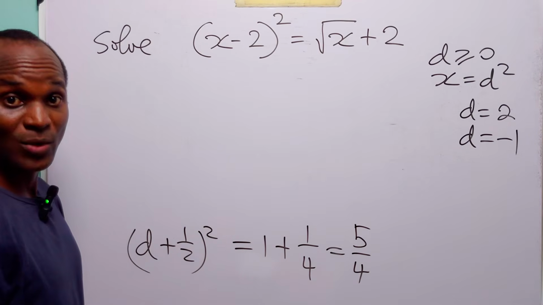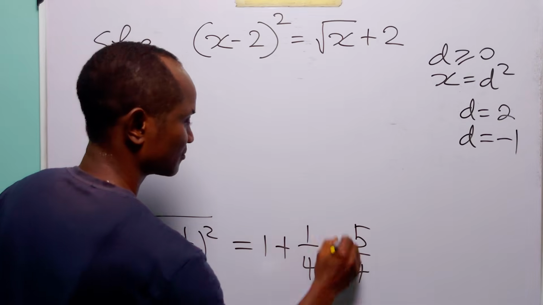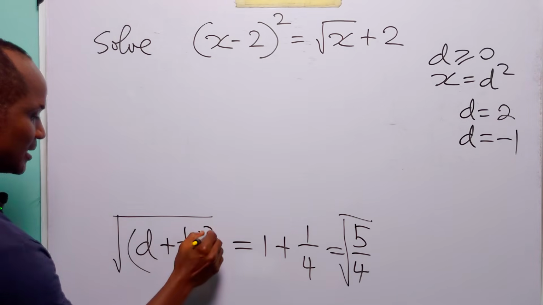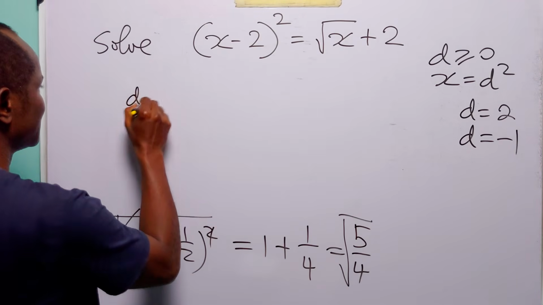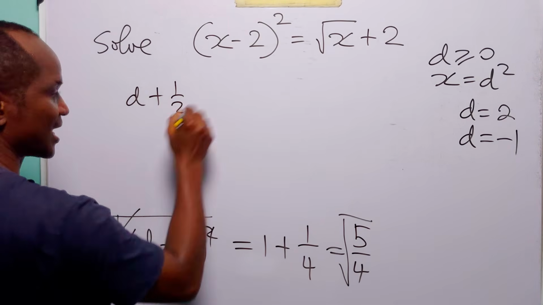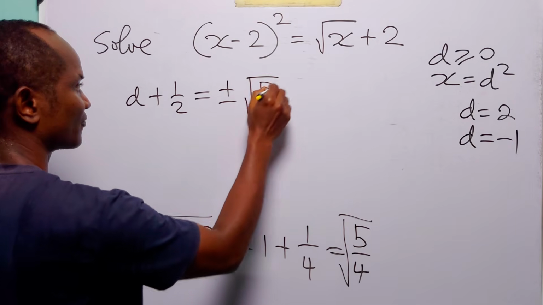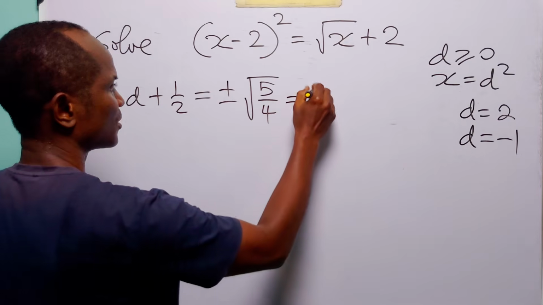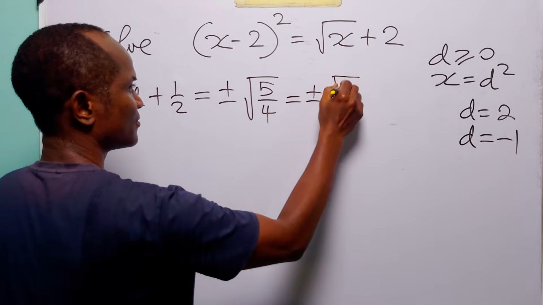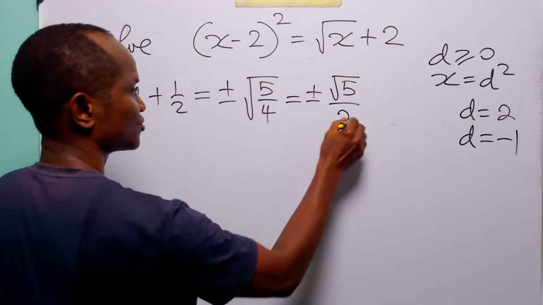And of course, the next thing we are going to do is to take square root of both sides of this equation. This is going to take care of that. And we have that d plus half is equal to plus or minus the square root of 5 over 4. And of course, this is equal to plus or minus the square root of 5 over the square root of 4, which is 2.